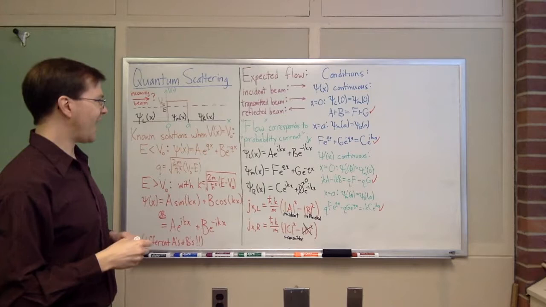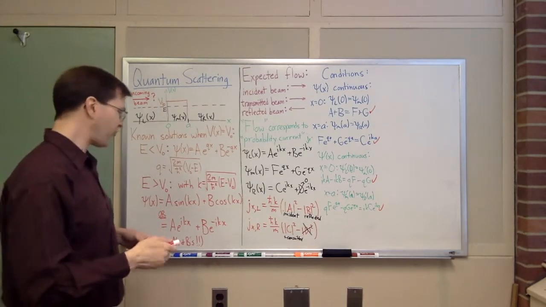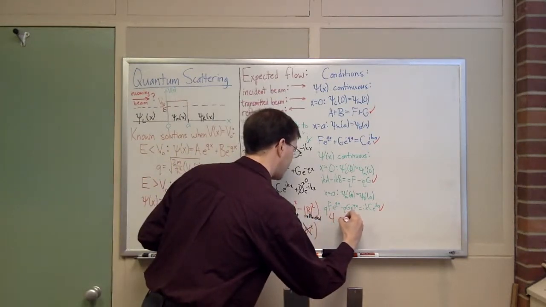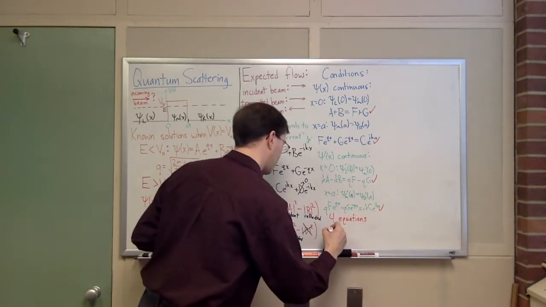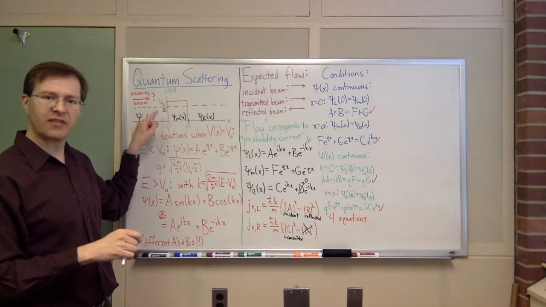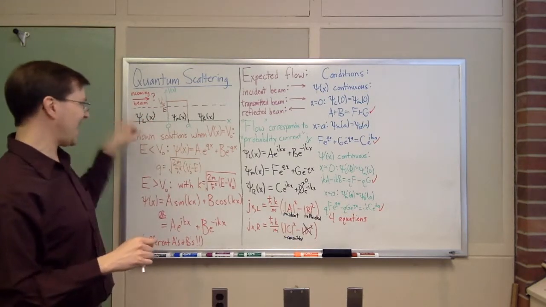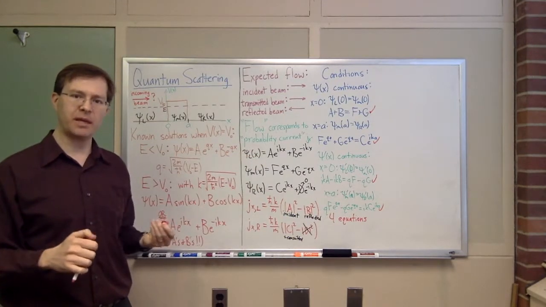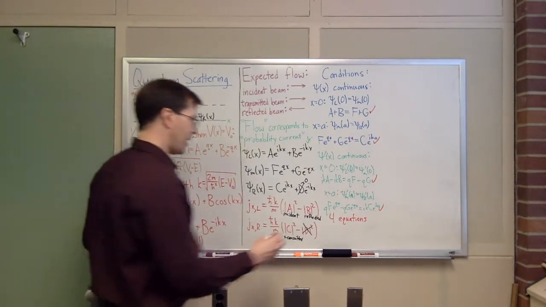4 equations. And let me think about my number of unknowns right now. We have 4 independent equations. What are my unknowns? I'm taking E to be given. My energy is a given quantity for this problem we're solving. And I'm taking my A. I can take A to be just a measure of the strength of the incoming beam, the intensity and amplitude and phase of the incoming beam.